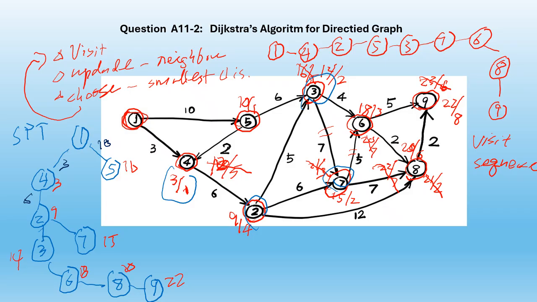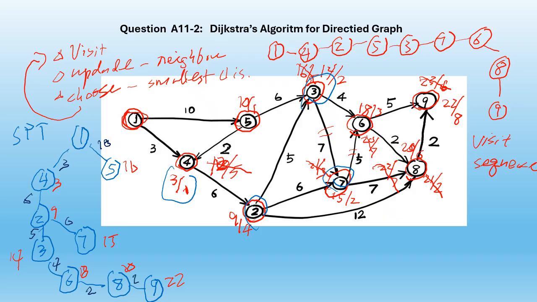Okay, 2 to 7, you have 6, and 2 to 3, you have 5, 3 to 6, you have 4, and 6 to 8, you have 2, and 8 to 9, you have 2.